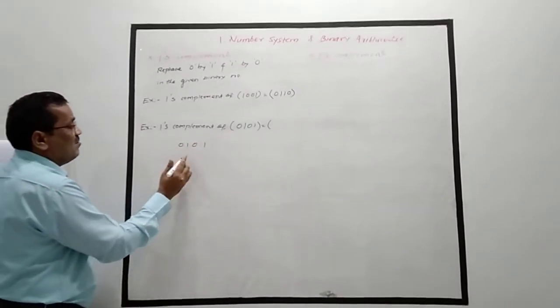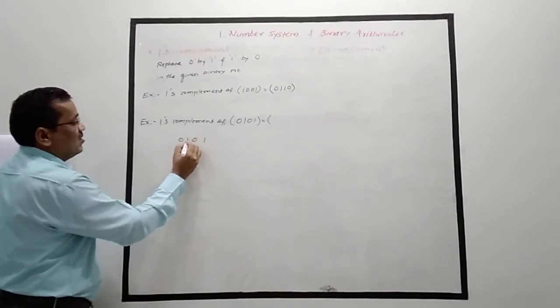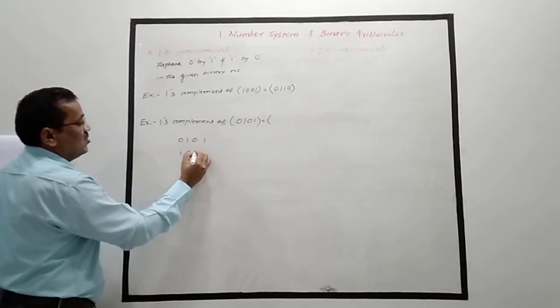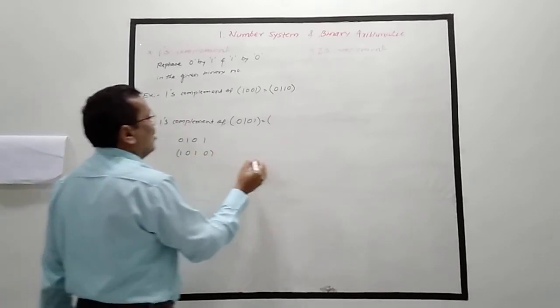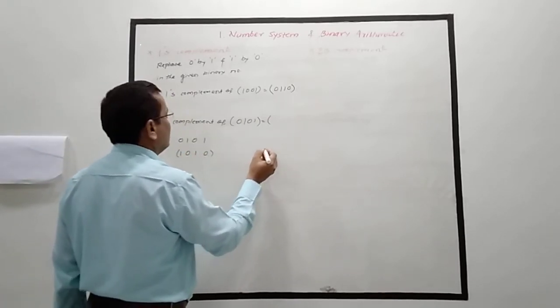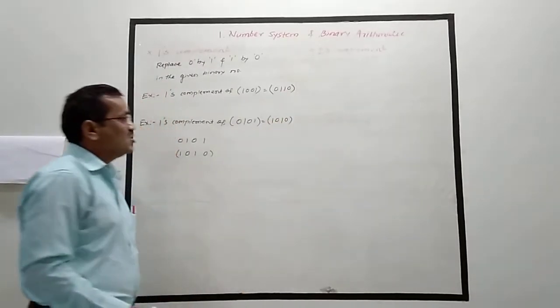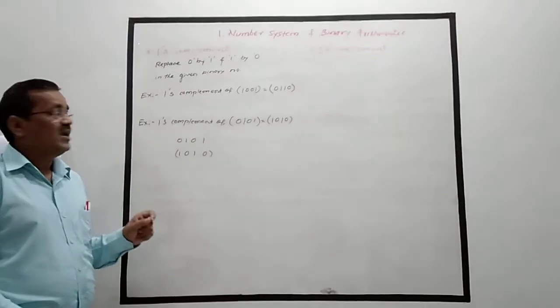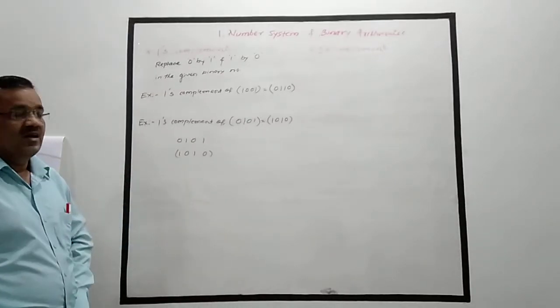Replace 1 by 0 and 0 by 1. Where there is 0, write 1. Where there is 1, write 0. So here is the ones complement of 0101: 1010. So in this way you can find the ones complement of a given binary number.